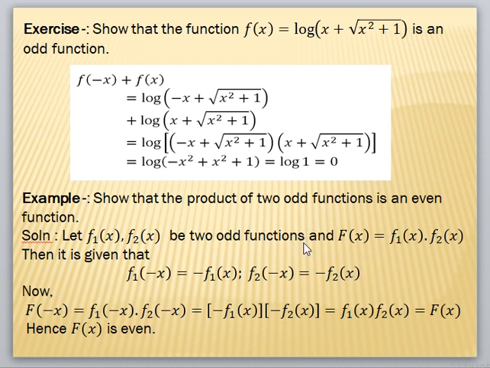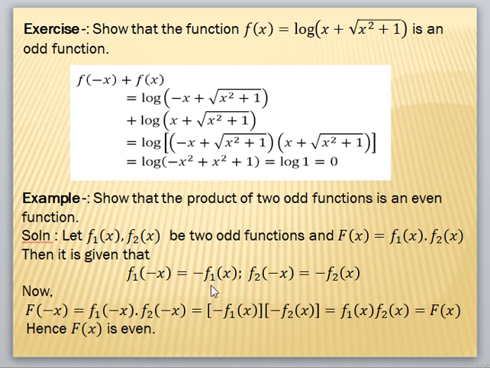এবার এদের প্রোডাক্টটাকে আমরা দেখাবো ইভেন ফাংশন। ধরো এদের প্রোডাক্টটা হচ্ছে ক্যাপিটাল F(x). So what is capital F(x)? Capital F(x) is the function f1(x) into f2(x). Now if we want to show that capital F(x) is an even function, we have to show that capital F(-x) is equal to capital F(x). So let us find what is capital F(-x). Capital F(-x) is equal to f1(-x) into f2(-x).